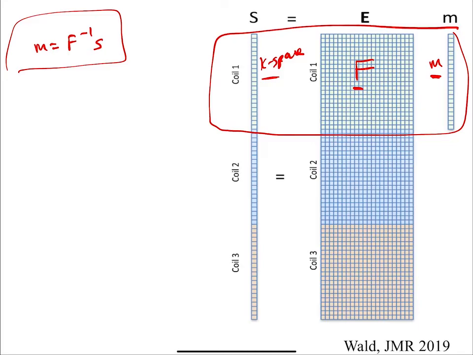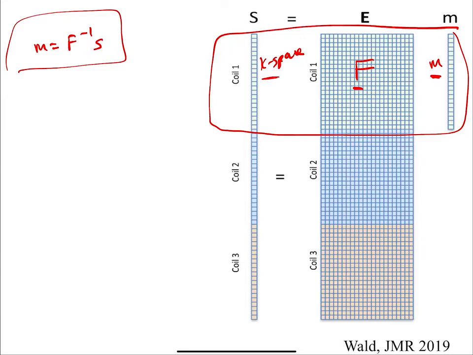But what that means is we have to make that F very special. It has to be full rank, it has to be orthogonal, it has to have all these nice properties. That's what we've talked about so far. It turns out that we sort of had to lie to you, because the F is not really ever perfect, because the coil always has some sensitivity that's not uniform.